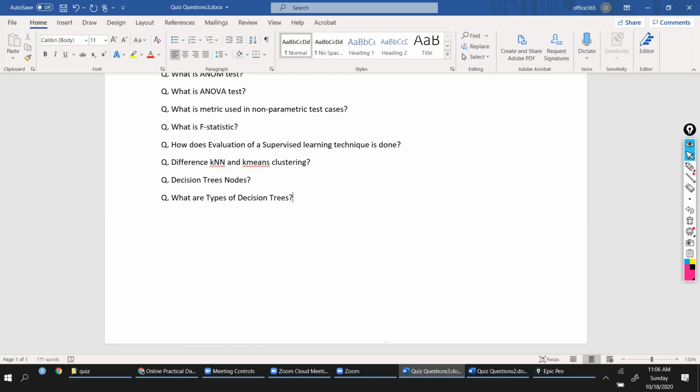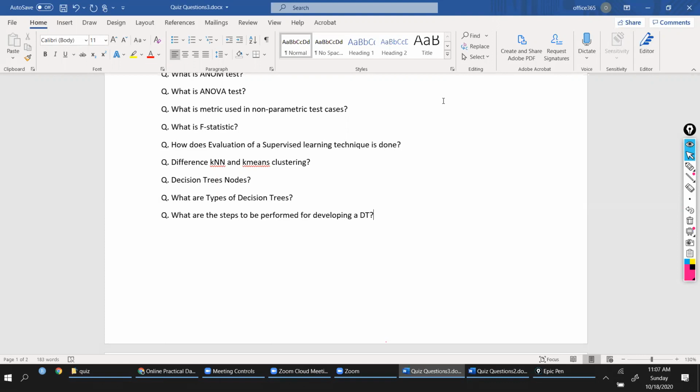What are the major questions that we need to look at? Steps. What are the steps to be performed for developing a decision tree? Very good.